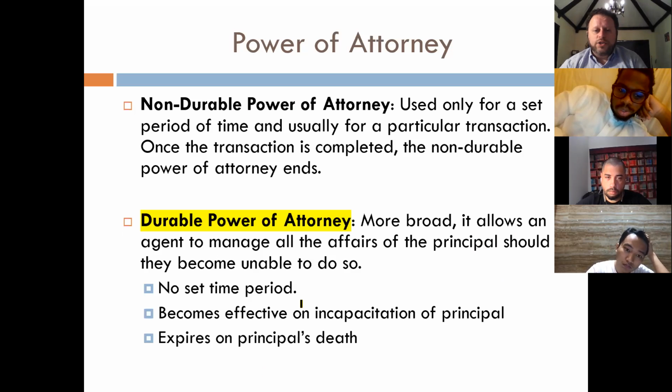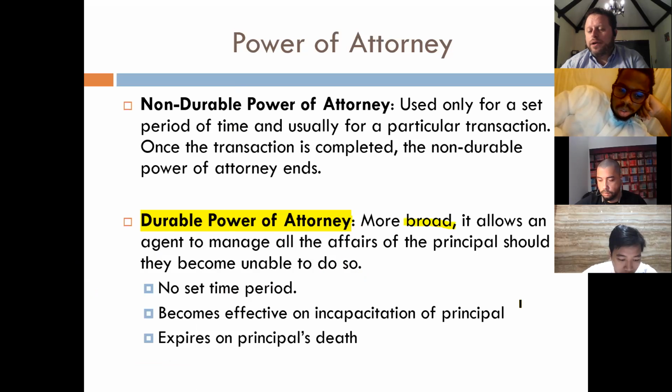Well, there's two kinds of, why is this highlighted? That's weird. There's two kinds of powers of attorney, non-durable and durable. Now, the word durable in English means not easy to break. So a durable power of attorney is very broad.